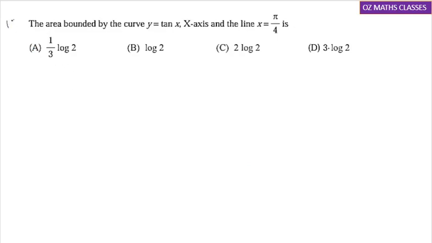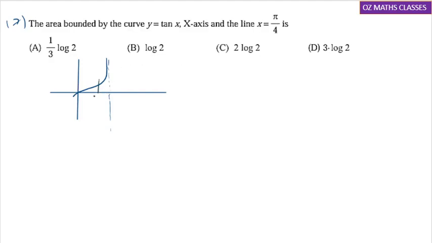Next, question number 17. Area bounded by the curve y equal to tan x, x axis, and line x equal to pi by 4. If you take the graph of tan x, I am taking the positive value only, x axis and line pi by 4.